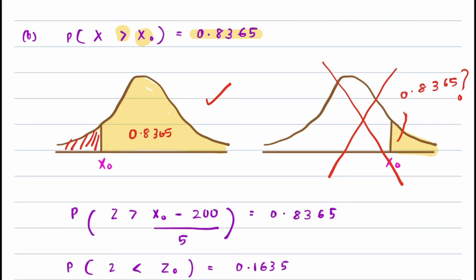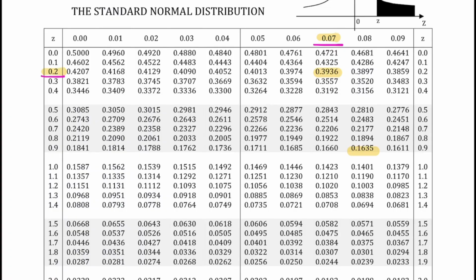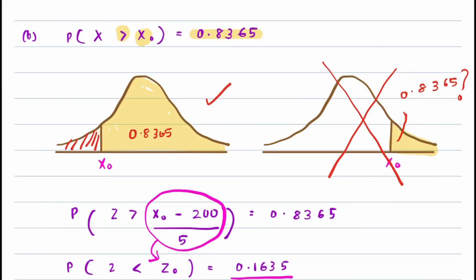So how can you symbolize this one? Let's say this whole formula is equal to z0. Okay, so how can you refer to the table? Refer to 0.1635. Your z value will be 0.9 and 0.08. So if you combine, it is 0.98.